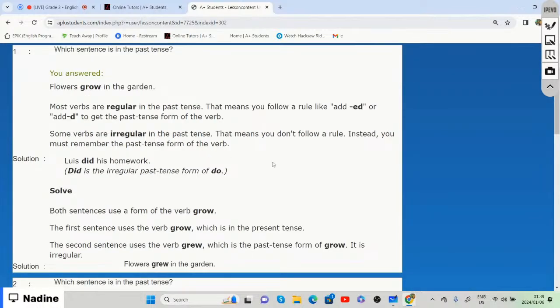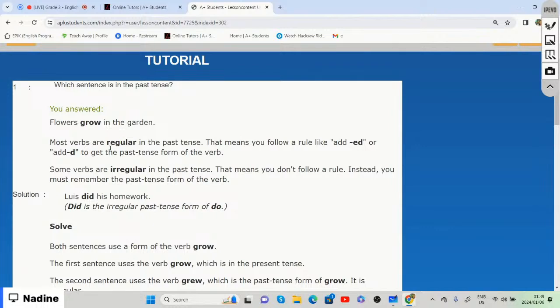All right, so we can say flowers grow in the garden.